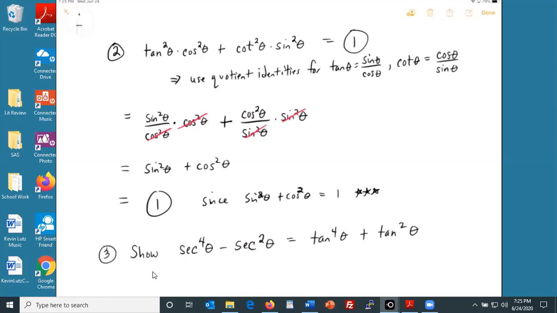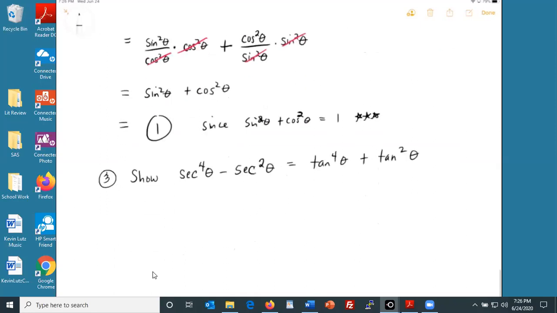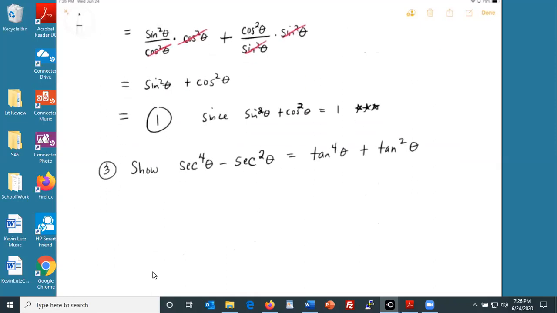All right, now this problem here is very similar to number 7 on your lab, so pay attention. Remember that the left side is what we're going to simplify, and the right side should be your answer. Now we're going to use another algebraic technique, factoring.